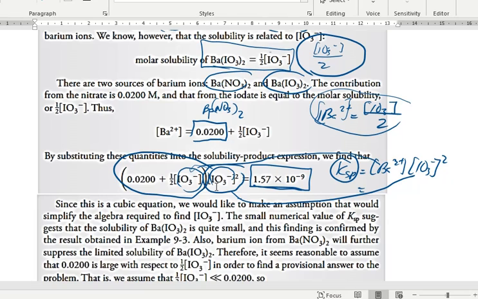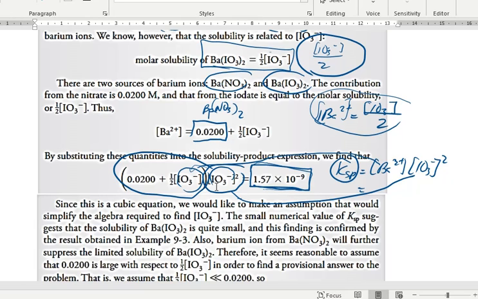So we want to make an assumption to simplify the algebra. We can see the small numerical value of the Ksp, which is to the power of -9, as I said, 0.000000157.